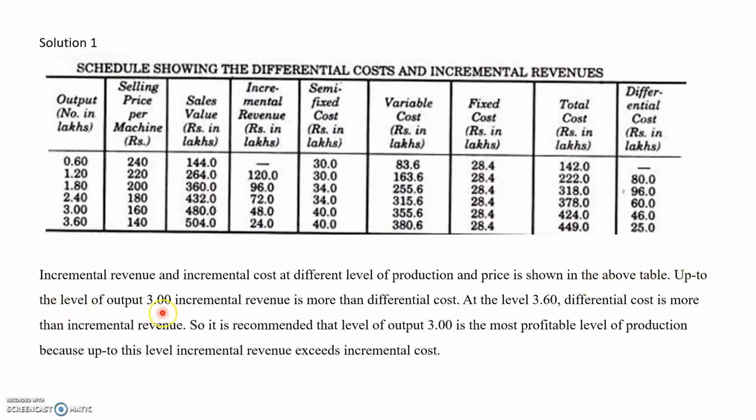Up to the level of output 3, the incremental revenue column is more than the differential incremental cost column. So it is recommended that output level 3 is the most profitable level of production, because up to this level incremental revenue exceeds incremental cost.